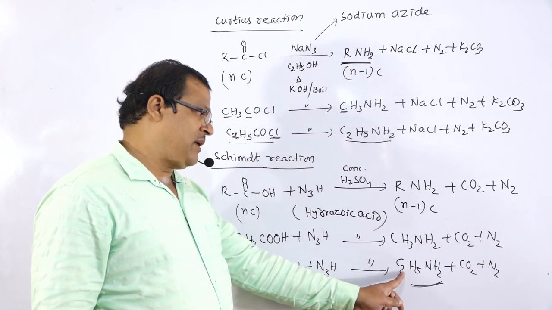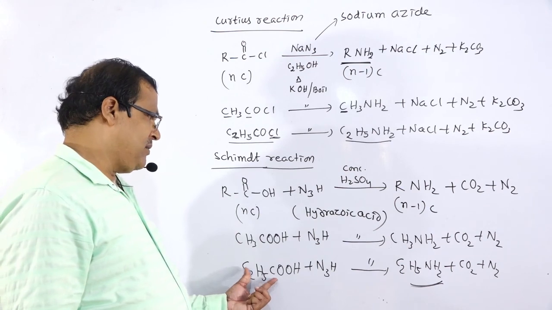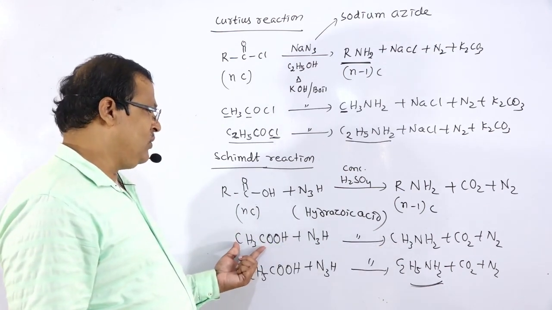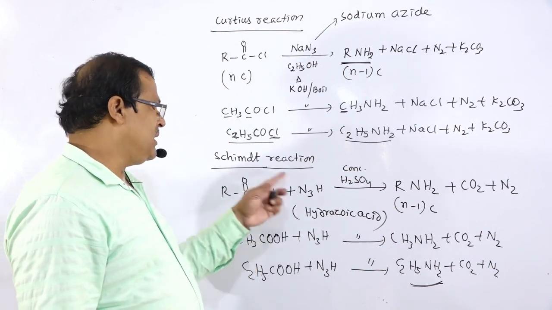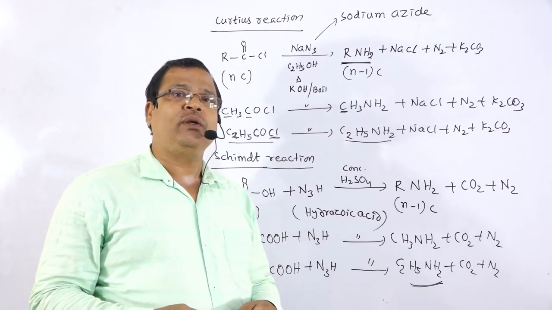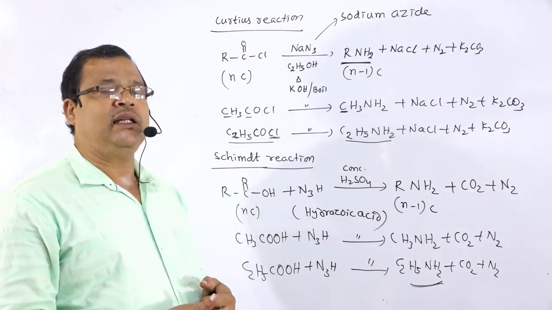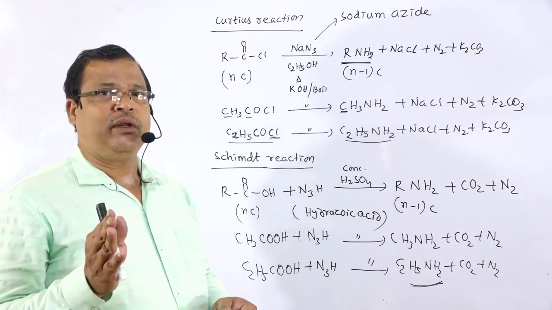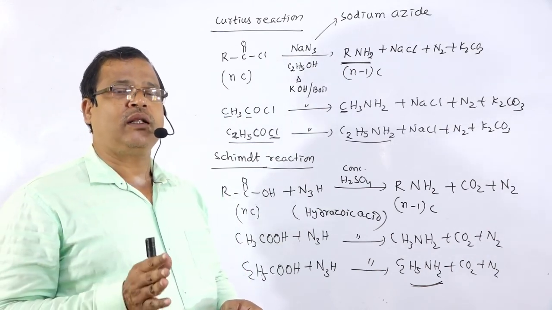This contains 2 carbon atoms, but the acid contains 3 carbon atoms. This amine contains 1 carbon atom, but the acid contains 2 carbon atoms. So in all these cases, we can use either the Curtius reaction or the Schmidt reaction. In both cases, an amine with one carbon less is formed.